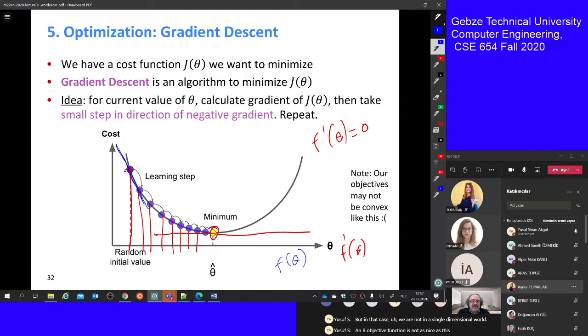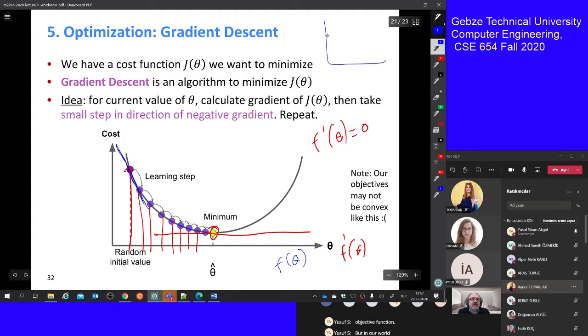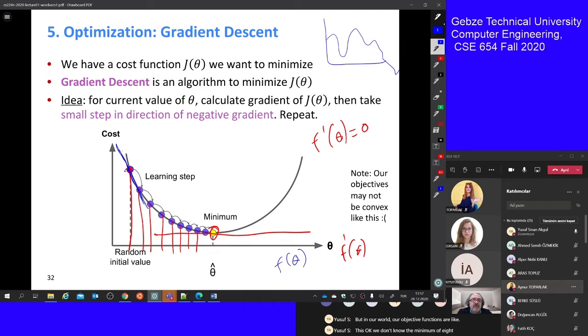This is a convex objective function, but in our world our objective functions are like this. We simply don't know the minimum and maximum of it.